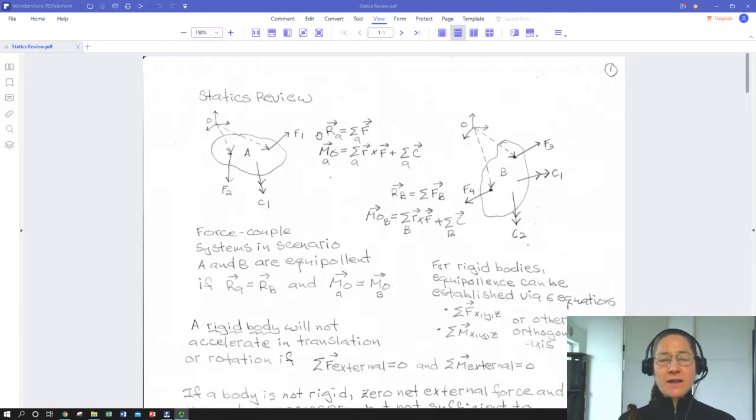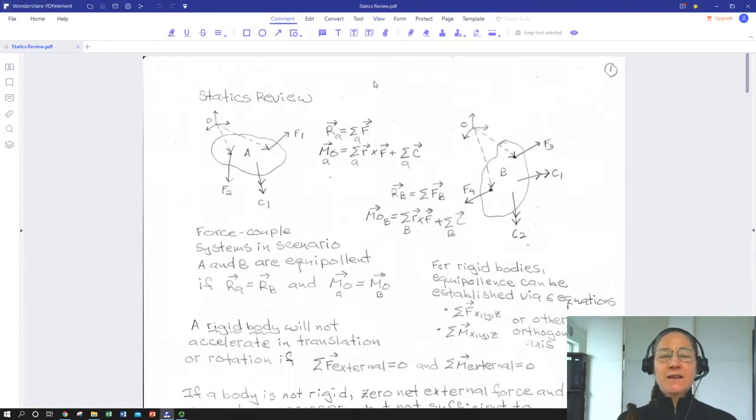So we can write the resultant of all of the forces acting on body A as just the sum of all the forces, and then we can sum the moments acting around point O, remembering moments have to be referenced to around what?